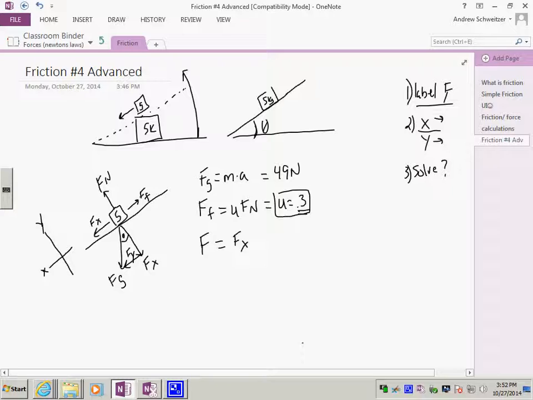All right. So let's take a moment to get the F of X and the F of Y. I'll do that right here. We have our angle looking like this, a little bigger, and this is my right triangle here. This is 49.